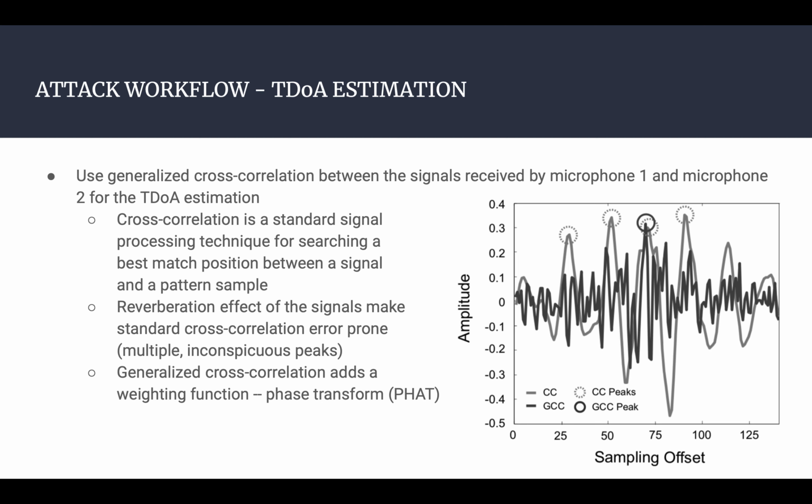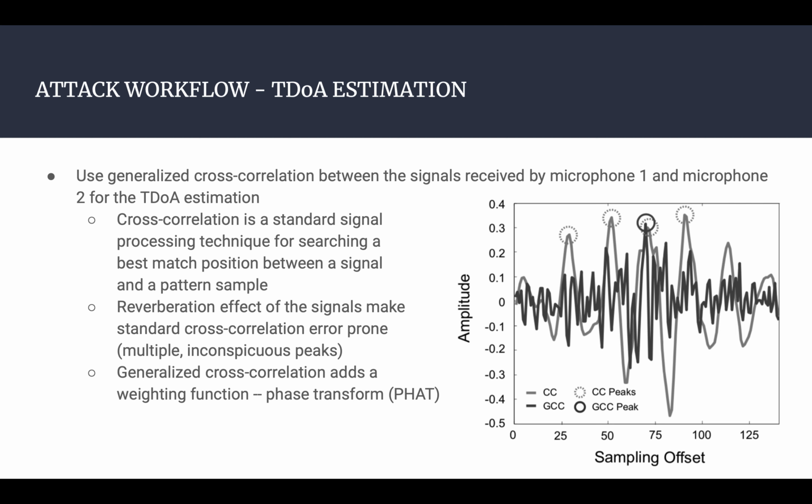The researchers initially used just a generic cross correlation algorithm. However, due to the reverberation effect on the signals, it made that standard cross correlation algorithm error prone because there were multiple inconspicuous peaks. So they applied a generalized cross-correlation algorithm that adds a weighting function, which provides a more distinct single peak of the signal.